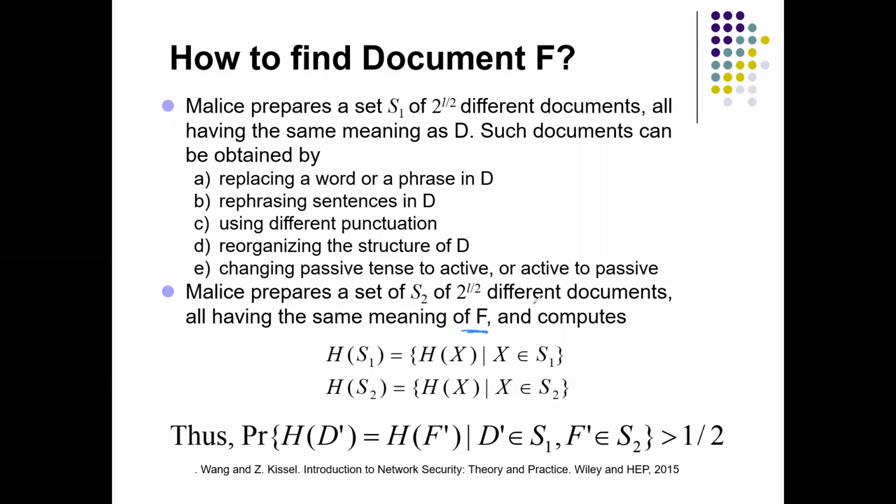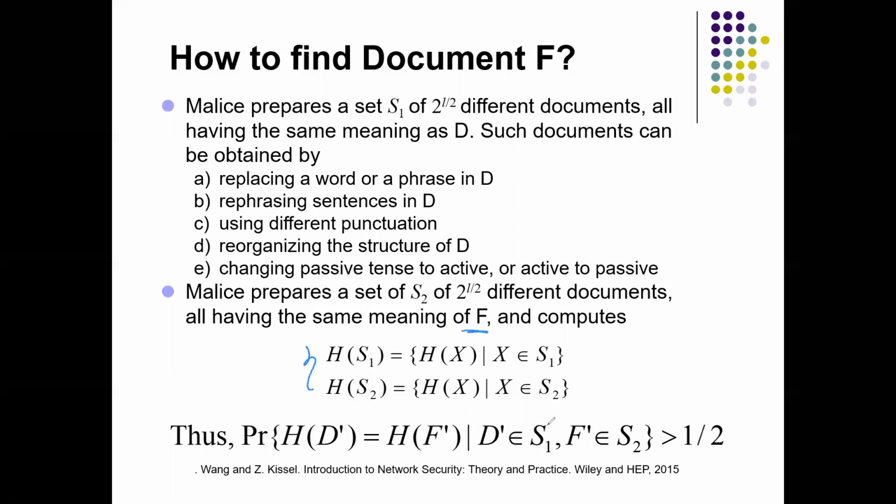Now she computes H of S1 and H of S2. So it's just computing a hash code for the first set and also for the second set. Now, by the birthday attack, by the set intersection attack, we know the probability that these two sets intersect is greater than 1/2.